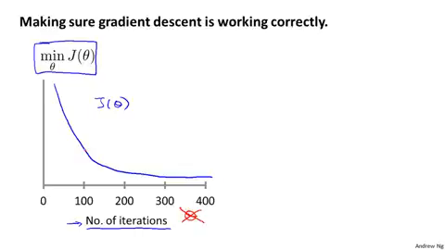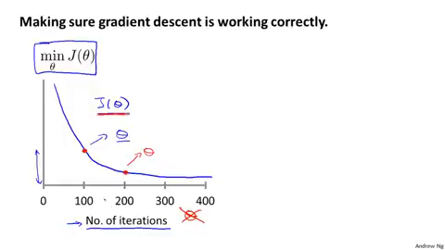Concretely, what this point is: I'm going to run gradient descent for 100 iterations, and whatever value I get for theta after 100 iterations, I'm going to evaluate the cost function J of theta for that value, and this vertical height is the value of J of theta for the theta I got after 100 iterations of gradient descent. And this point here corresponds to the value of J of theta for the theta that I get after I've run gradient descent for 200 iterations.